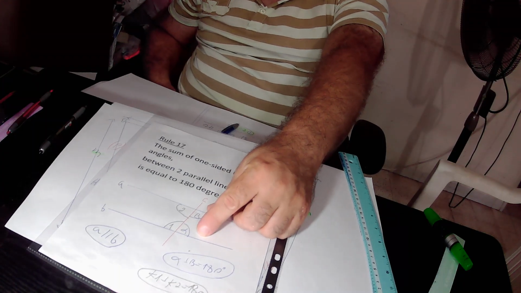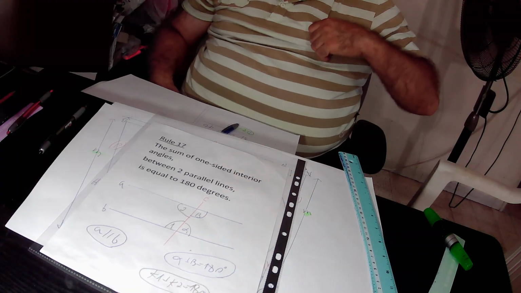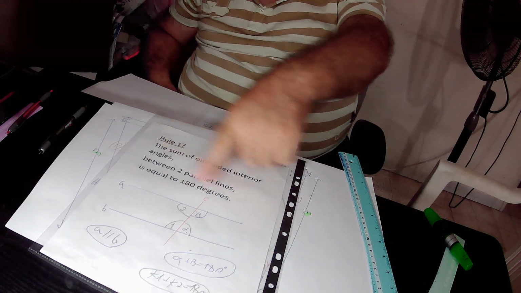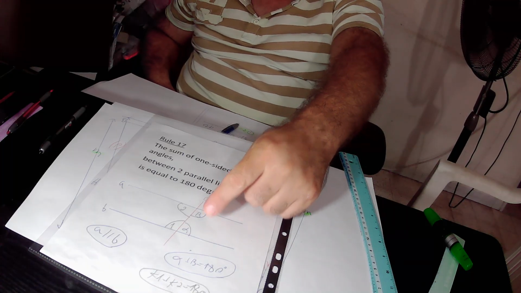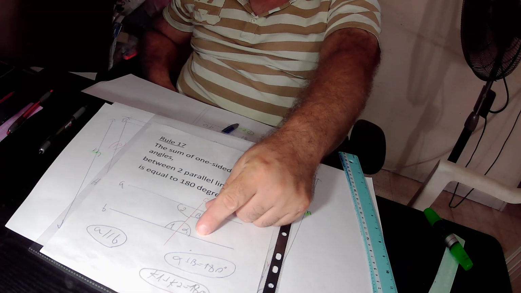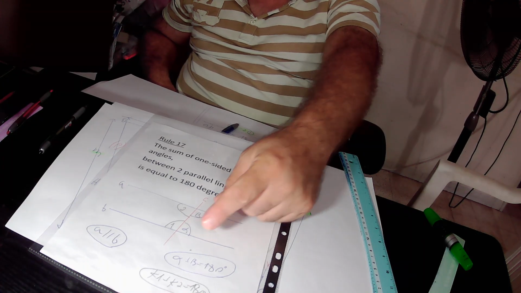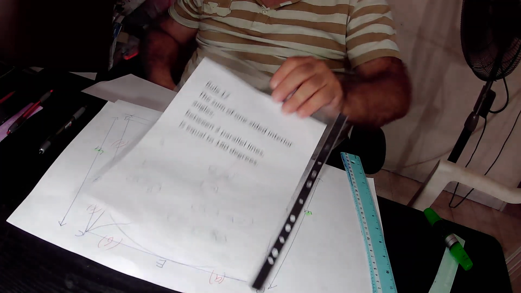Those two angles alpha and beta are both defined as one-sided interangles. Because line A is parallel to line B, they are located between two parallel lines, and therefore the sum of those two one-sided interangles must be equal to 180 degrees. So alpha plus beta equals 180 degrees according to Rule 17.